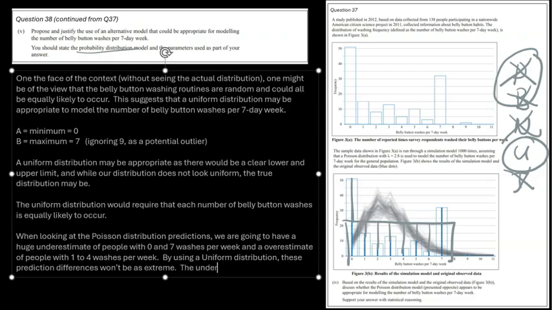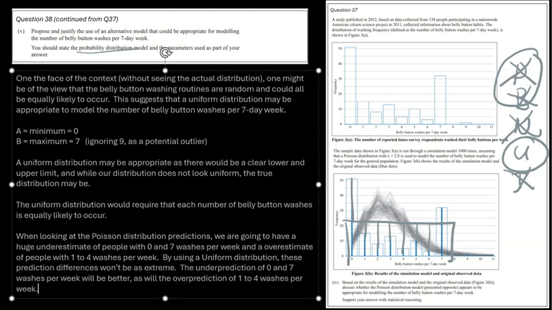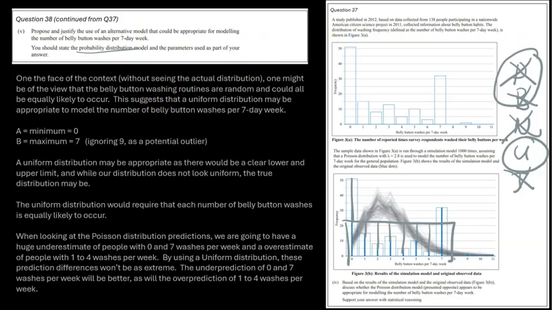The under prediction of 0 and 7 washes per week will be closer, will be better, as will the over prediction of 1 to 4 washes per week. So not the best answer, I don't think, in the world, but I think the nature of this question, the uniform model, was not the best one here, so I'm really trying to sell a bad product here, to be honest. But I've done my best job.